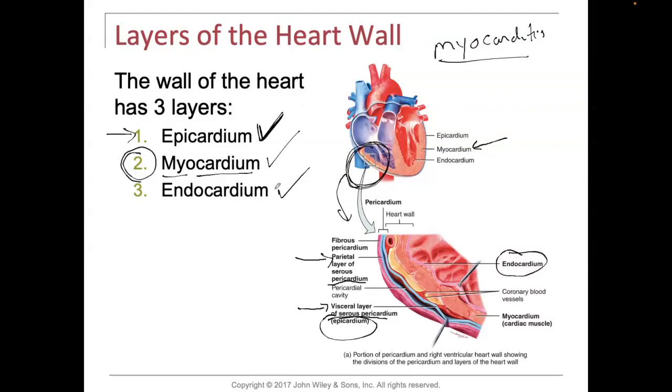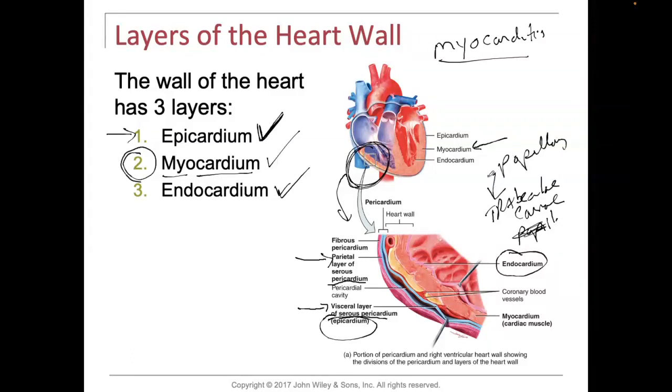If you look at the endocardium, this is where we're going to see some of these hills, which are extensions off of the heart muscle. You're going to see these terms, trabeculae carneae, and papillary muscles.